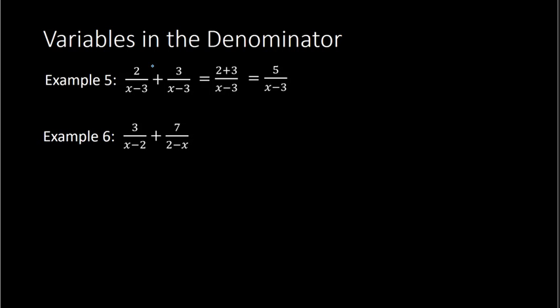Okay, this one is a little bit different because our denominators are not quite the same. But notice that the denominators are just opposites of each other. Here we have x minus 2, here we have 2 minus x. So what I can do, I can make them the same, and I do that by pulling a negative out of this expression.